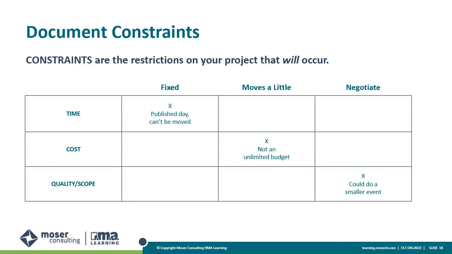And then quality and scope. Everyone wants everything to be perfect, but sometimes you don't have the time or money to get quality, or the project is too big, or the scope is too big. So sometimes all you have left is to cut the whole project down a little bit, do a smaller event and do it well. That's the job of a really good project manager.